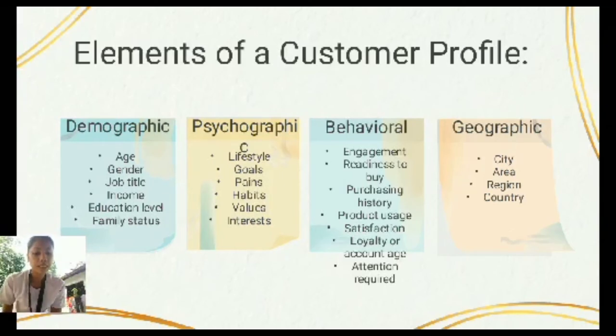It is statistical data relating to the unique identities and identifiers of individuals. This data includes basic information such as age, gender, job title or occupation, income, education level, and family status. So demographics describe who we are as individuals.